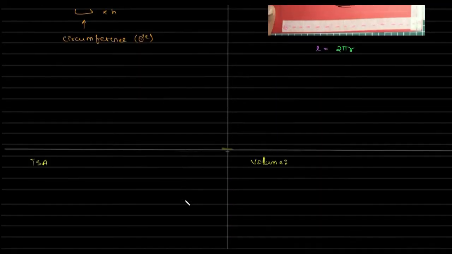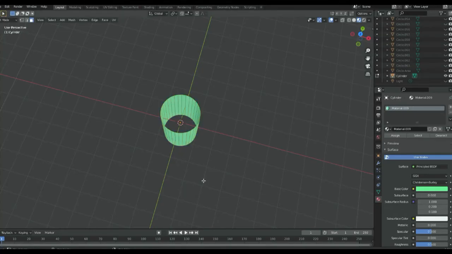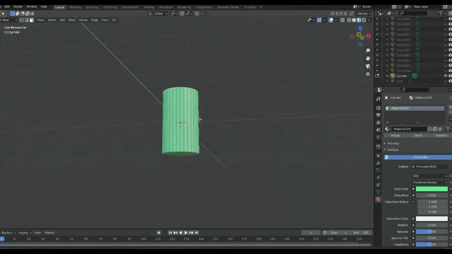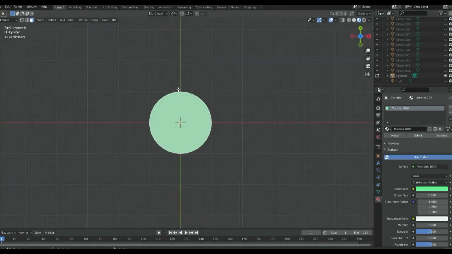Okay. Now next is your total surface area. So what is the cylinder made up of? Quite simple. It's made up of a top and a bottom along with the curved surface area. So how does the top look like? Be honest. Whatever you see is what you have. Yes, it's a circle.